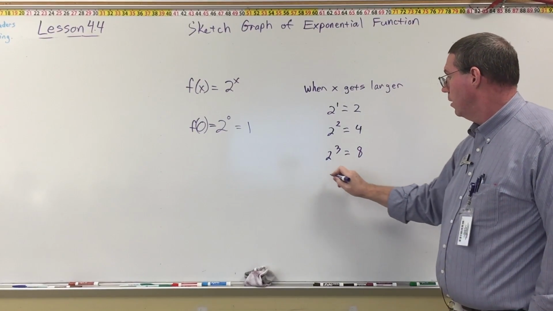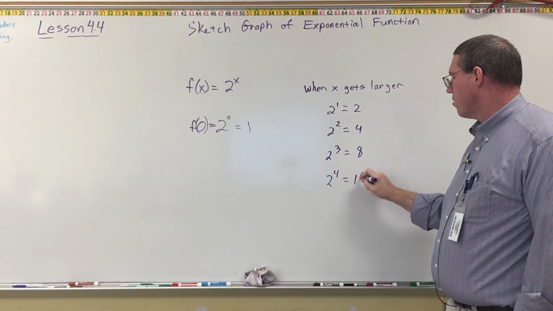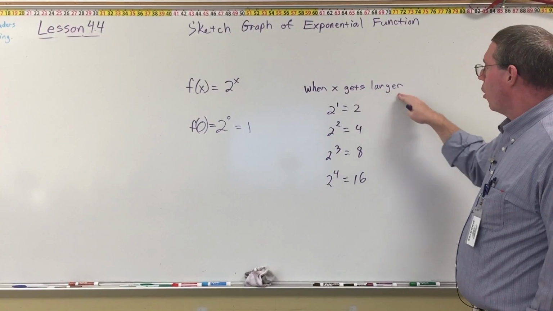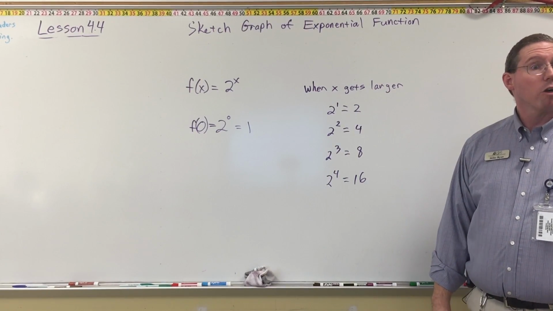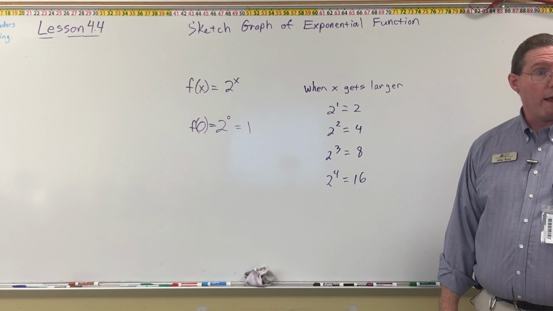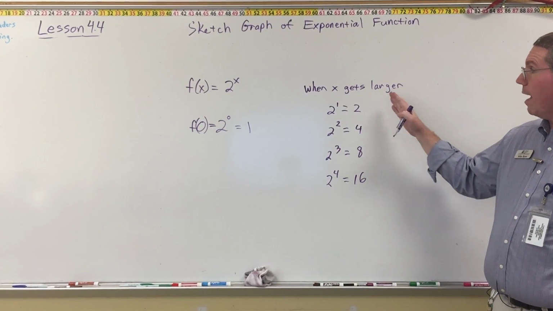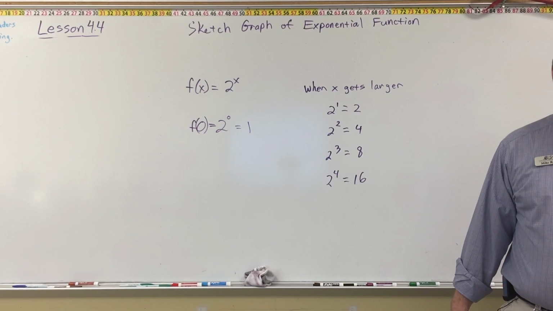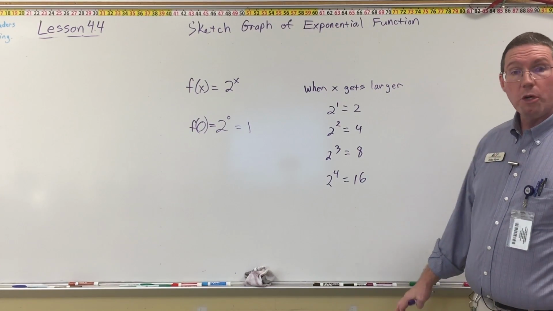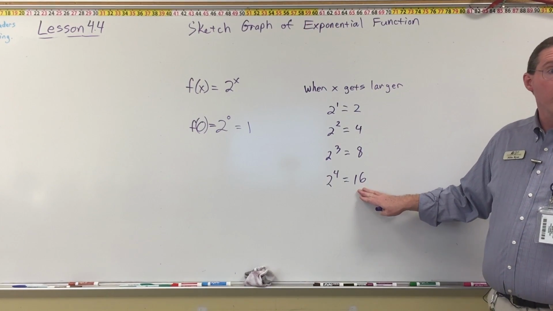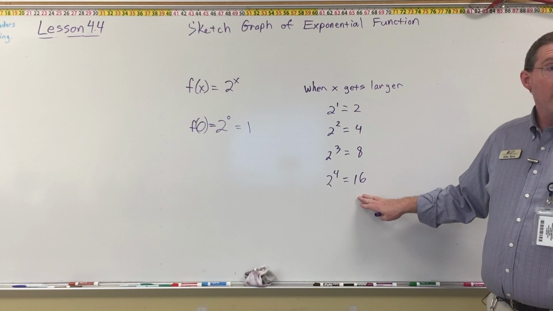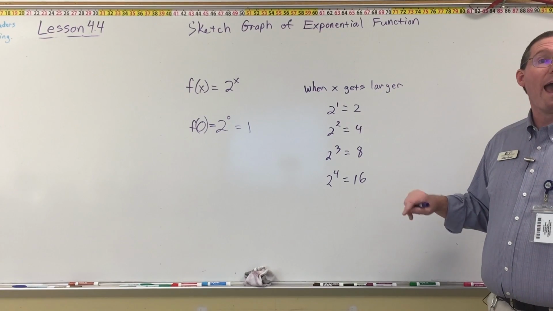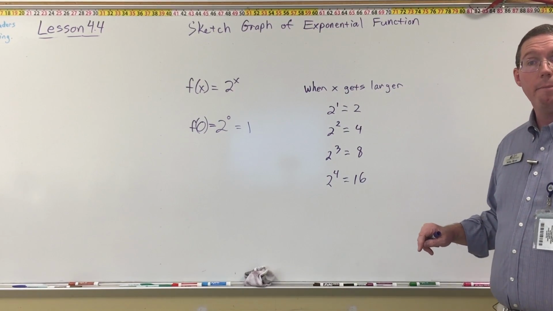We're doubling. 2 to the fourth is 16. So when x gets larger, what happens to y? It doubles. It gets larger, larger, larger, larger, larger, right? Okay? So larger x means larger y, okay? Approaching what? What's this eventually going to get close to? Infinity. It's approaching infinity, okay? So it grows without bound, okay?